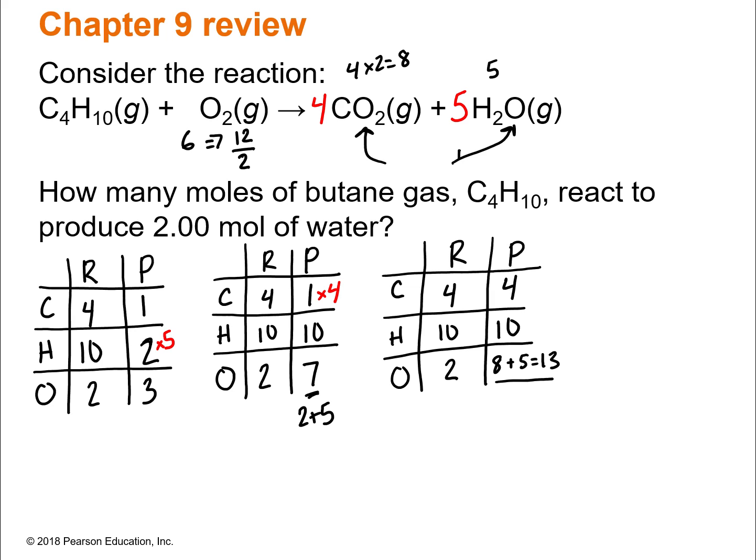If I wanted to have 13 oxygens, I can write 13 over 2.